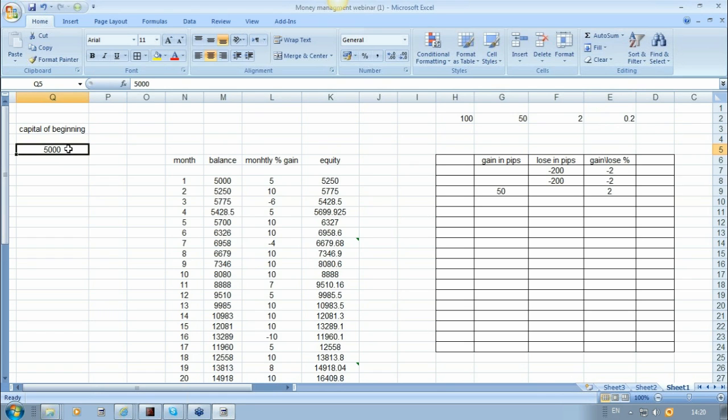The calculation is always from the beginning. When I grow, yes, the total balance, correct. The beginning balance, actually, okay? Then I am 50 pips earning and 2%.